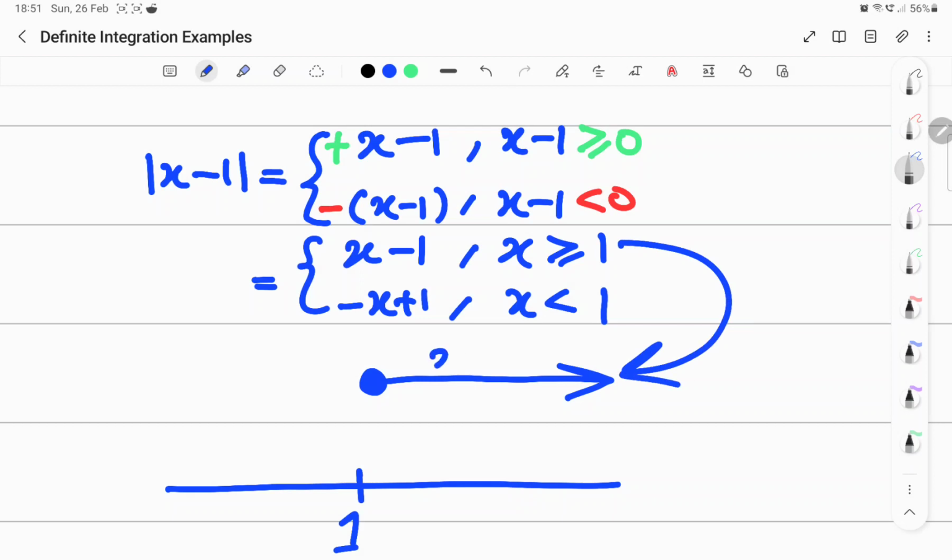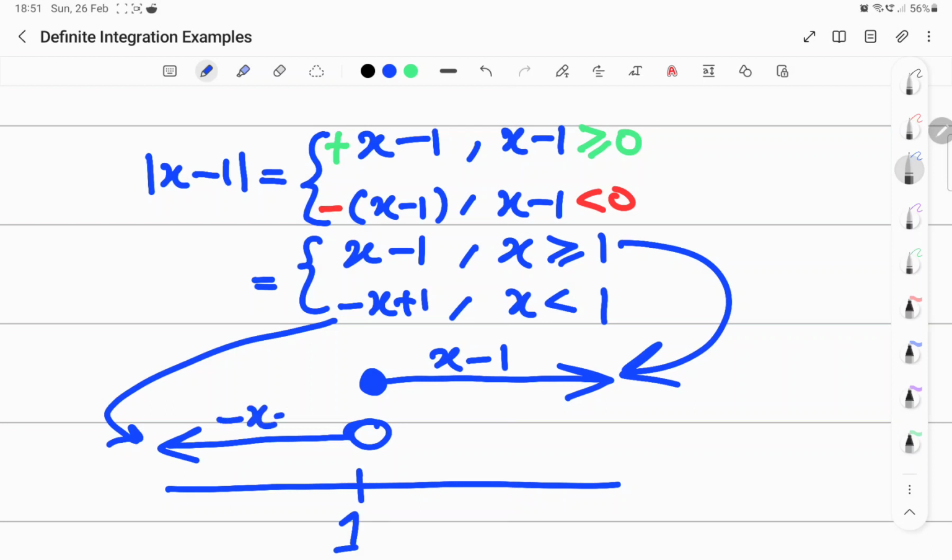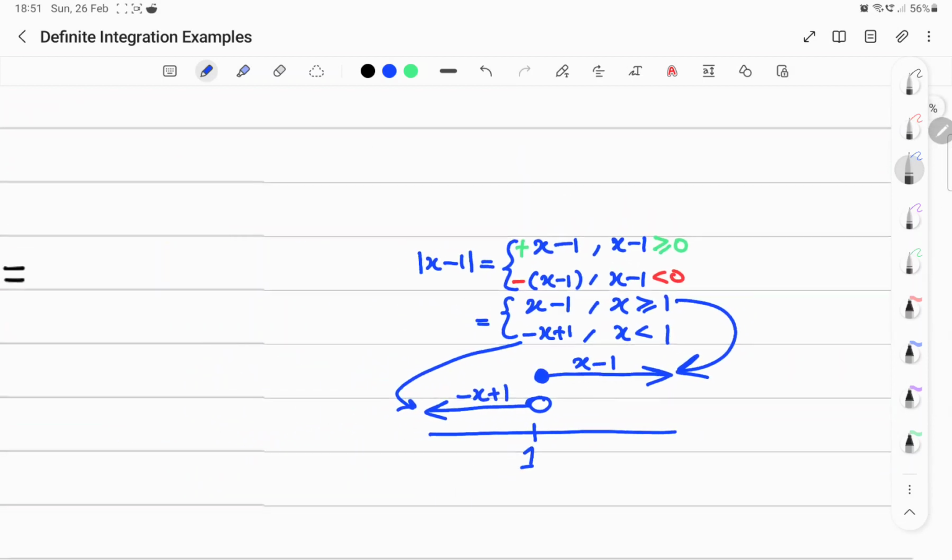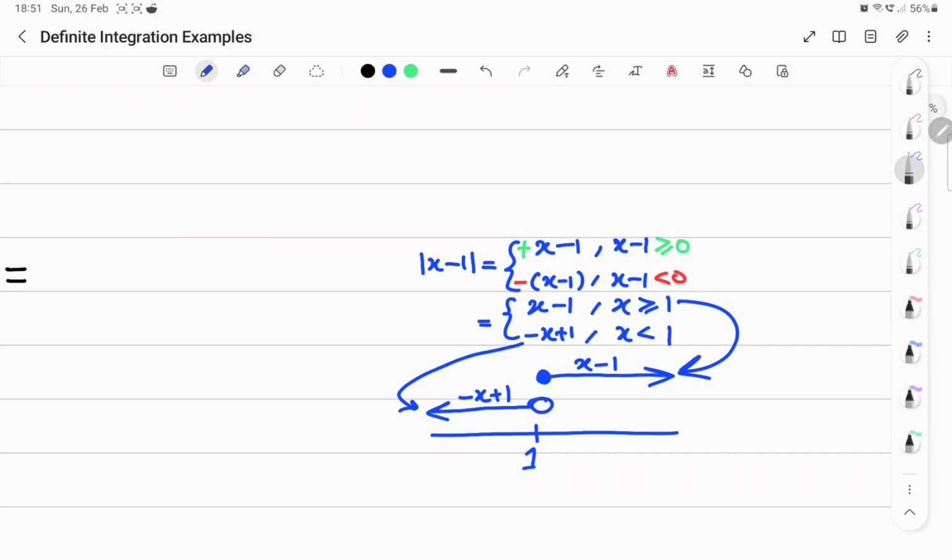It belongs to x minus 1. The second one, an open circle with the arrow to the left, belongs to minus x plus 1. Now we have finished representing the modulus on a number line.